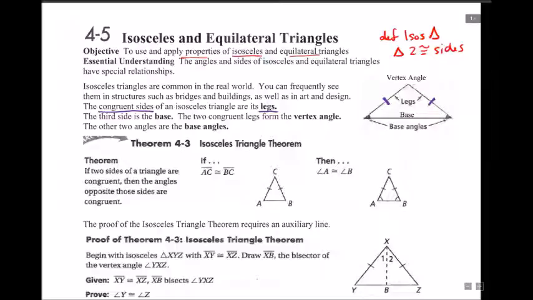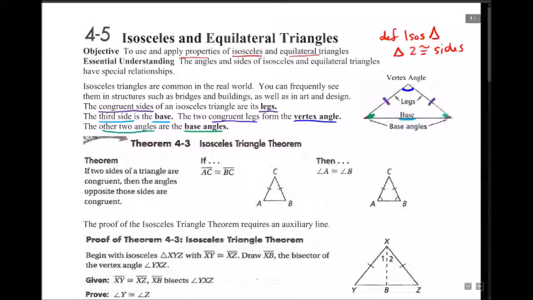Now, the two congruent legs form the vertex angle up here. Your third side is called the base. So we have the base down here. And the two angles that the base is included between, the other two angles, we call base angles.